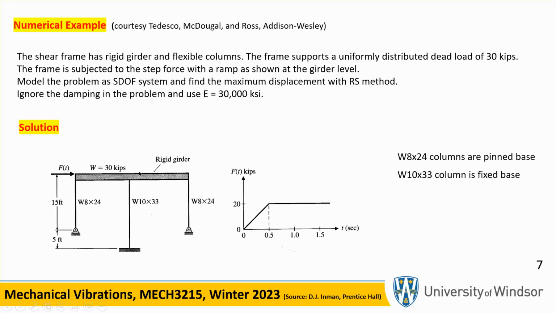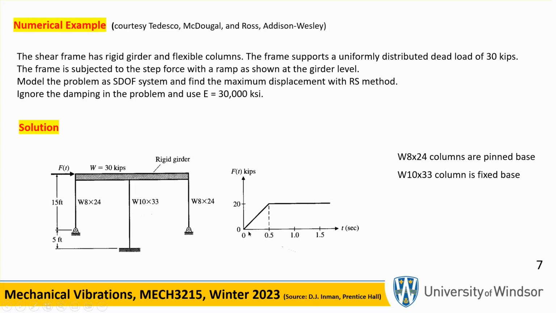So the mass is basically going to be this floor, and the stiffness K is going to be the sum of the stiffness of these three springs acting in parallel, basically beams acting as springs. And what we want to do here is predict the maximum deflection under the sudden application of the load, but it's not quite sudden.